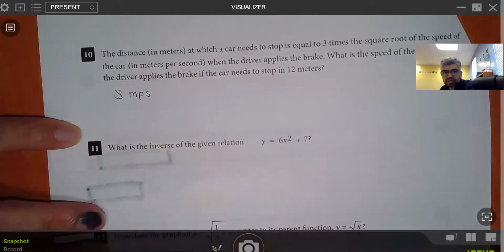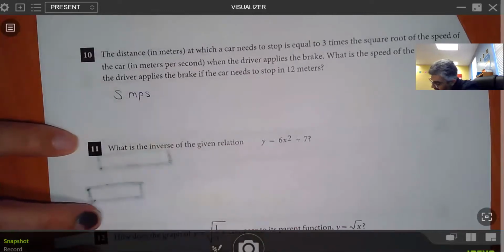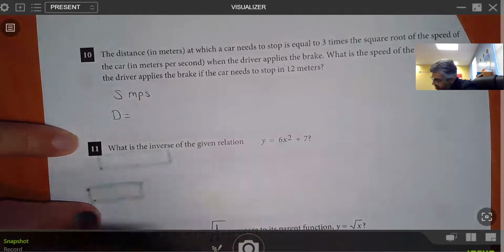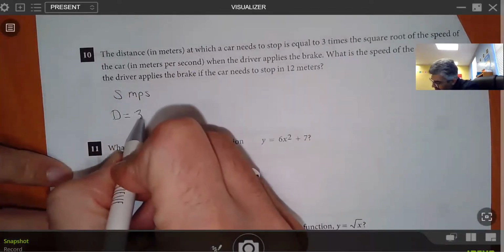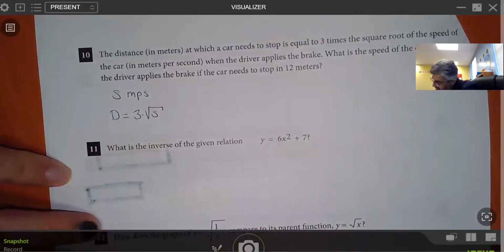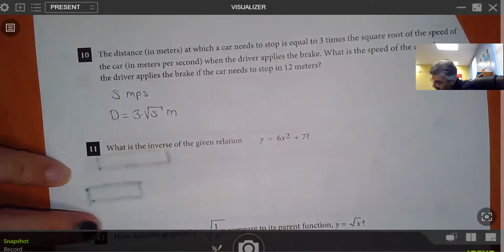Okay, this is the speed s. And the distance is 3 times the square root of the speed. This is the distance in meters.